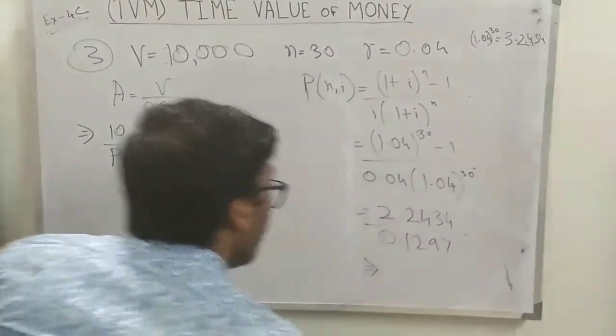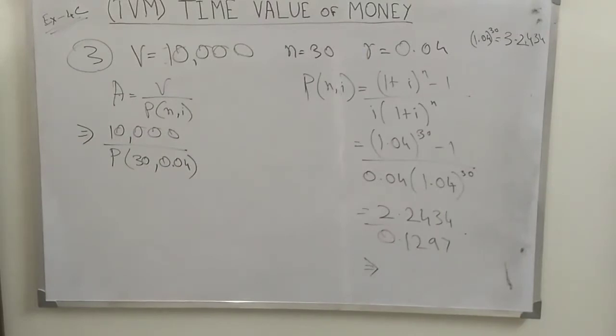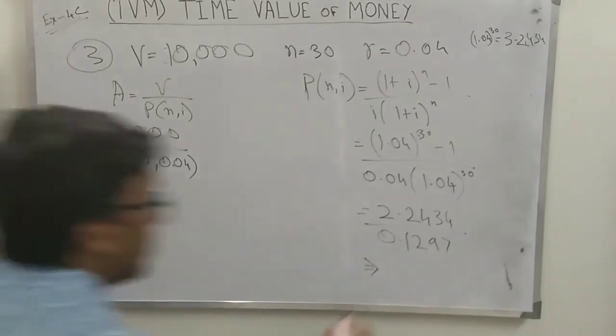The value is 2.2434 divided by 0.1297, which is 17.2968.